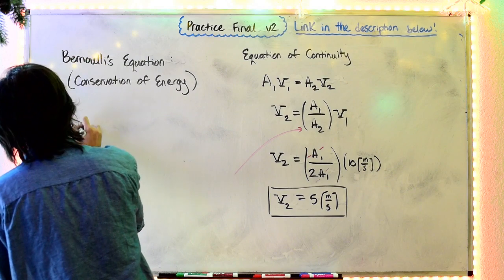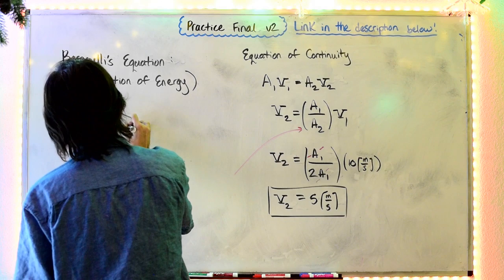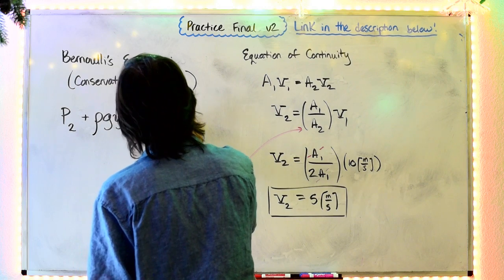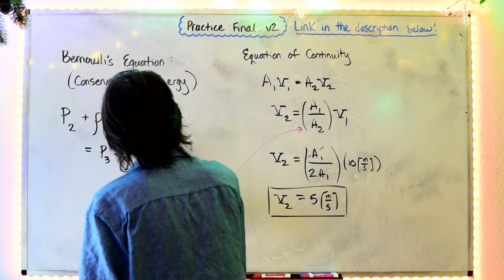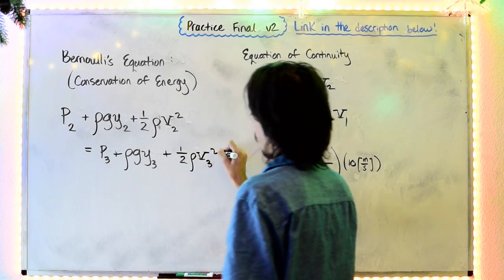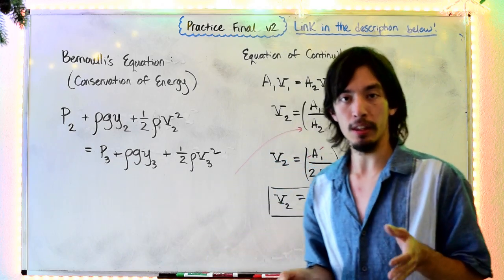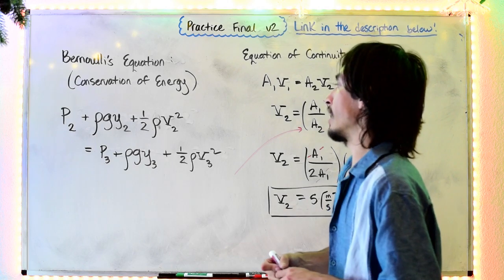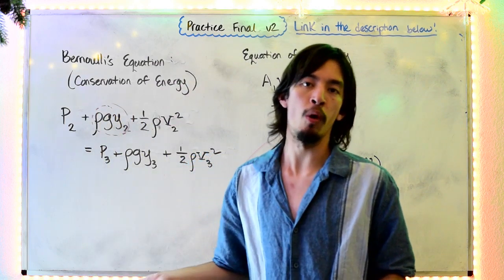So P2 plus rho g y2 plus 1/2 rho v2 squared equals P3 plus rho g y3 plus 1/2 rho v3 squared. When you analyze this equation, this is where the conservation of energy is cleverly hidden. You'll notice that the rho g y term just looks like mgy or mgh.